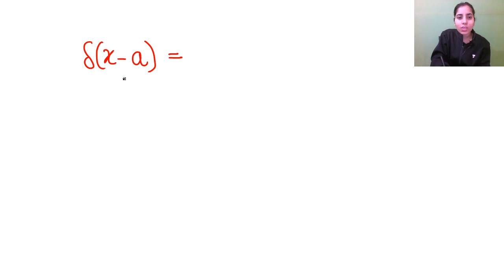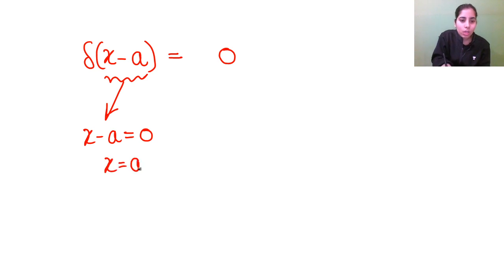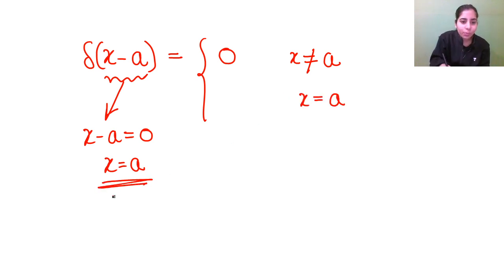Any such function which is defined to have the value 0, or which vanishes, at x not equal to a, but if you consider x equal to a, then at that particular point its value will be infinity.